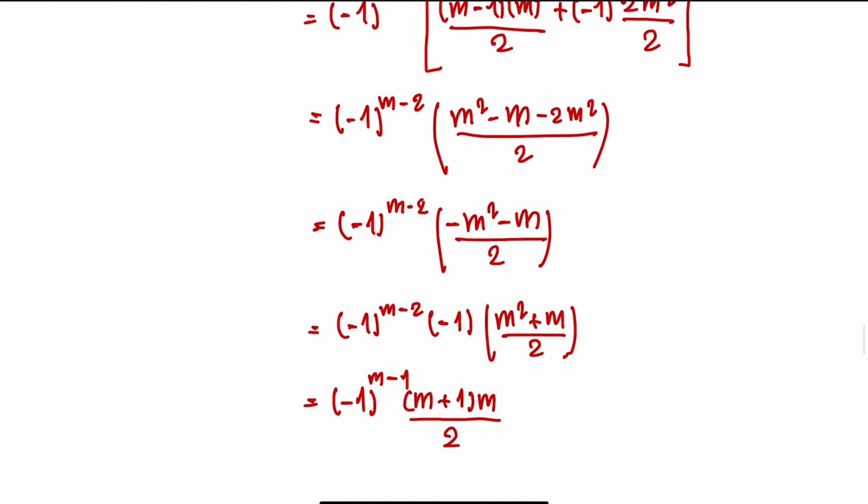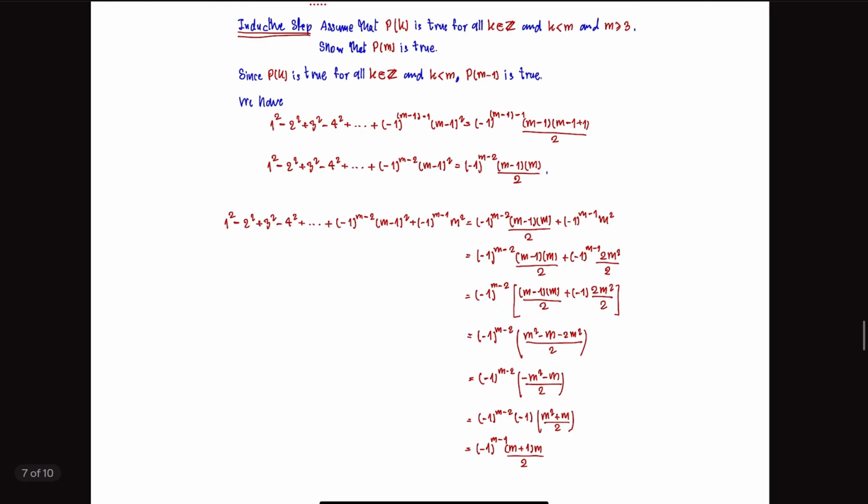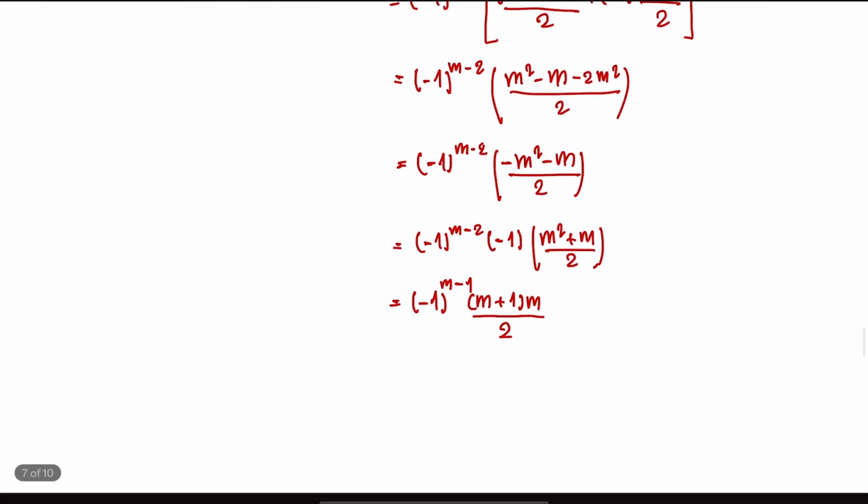Is this P of M? I'm not so sure where it is. So we let M be in front of M plus 1, so we have M times M plus 1. That's it.